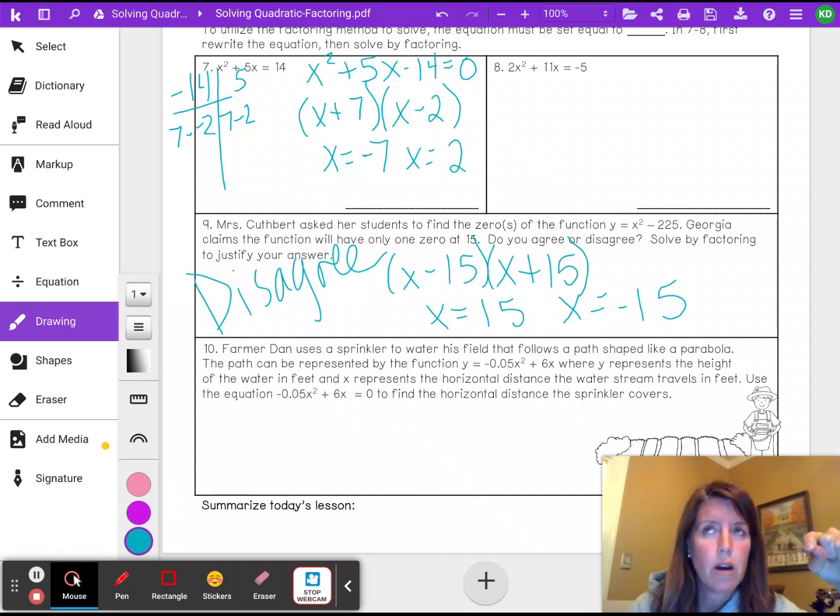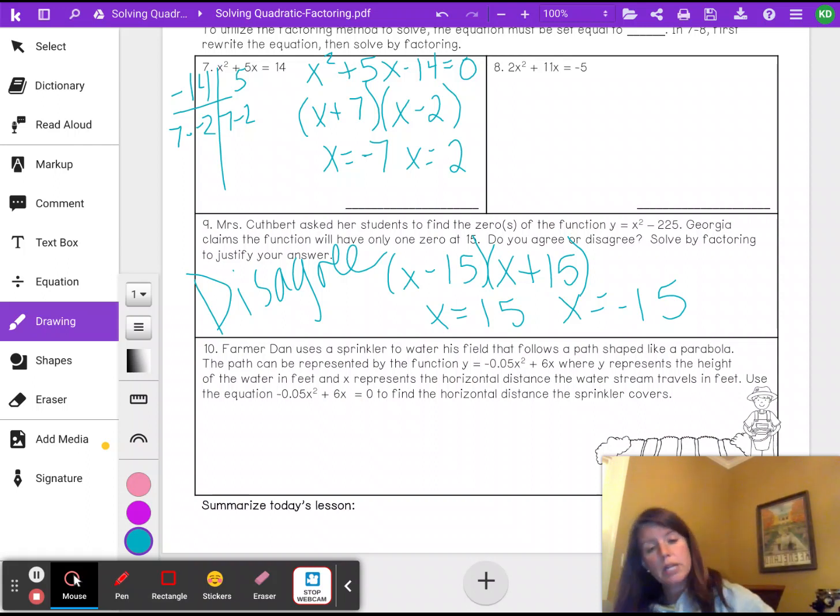Set your x min to be negative 10, and your x max to be 200, and then your y min to be negative 20 and your y max to be 50 maybe.